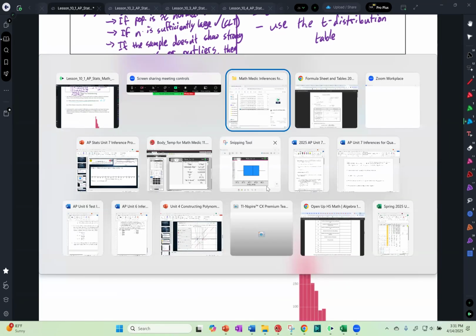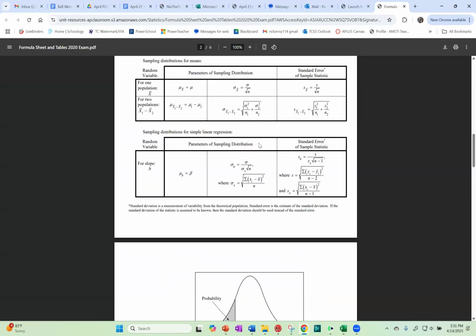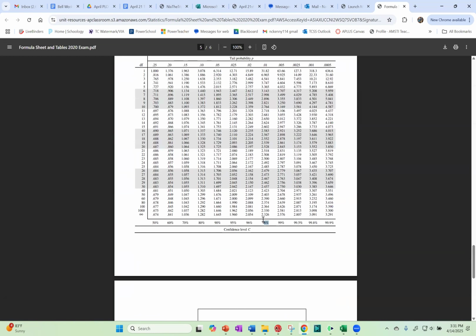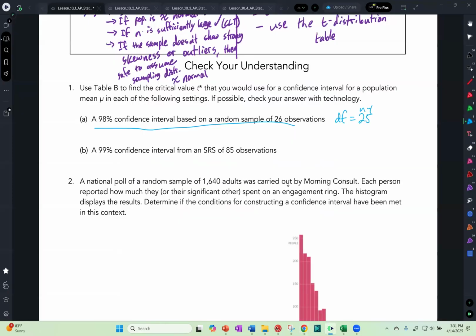And so then I go to the formula sheet, scroll down to my t distribution, 98% confidence interval with degrees of freedom of 25. My t value is 2.485. And I want to confirm that using technology. So remember, the idea is that 98%, or 0.98, is the area in between. So I'm going to do an inverse t with an area of 0.99.